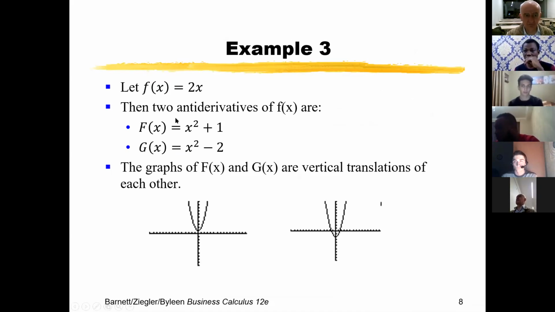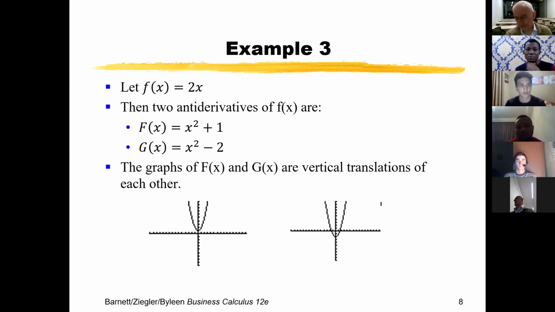Now you can see two functions, and both of them are antiderivatives of the function 2x. The graphs of these functions are vertical translations of each other. Do you remember vertical translation, or shifting?